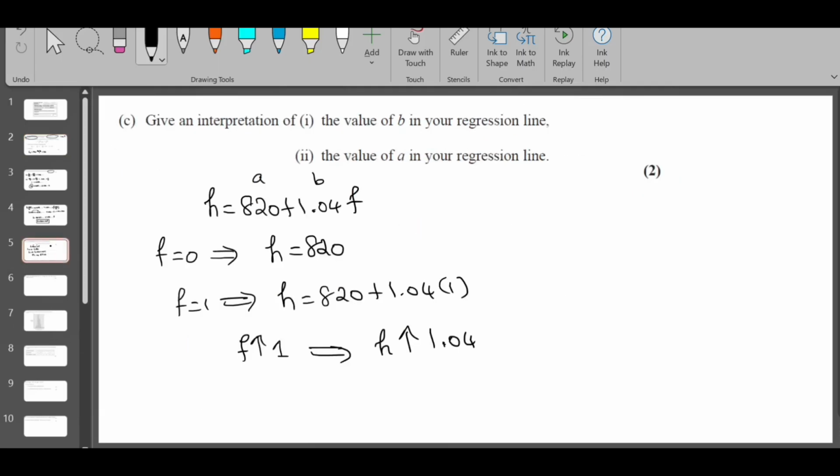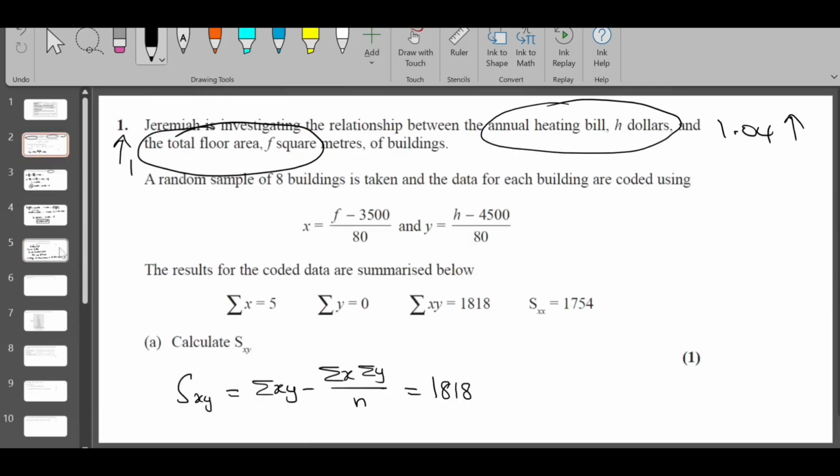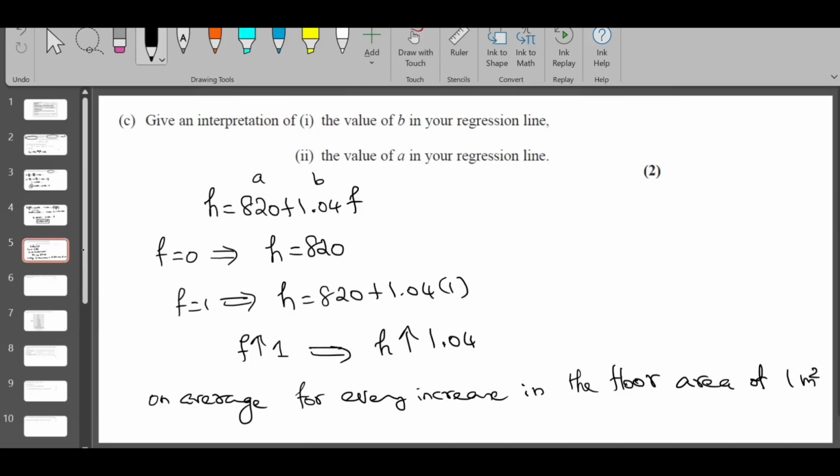So on average, every increase in the floor area of 1 square meter, the annual heating bill increases by 1.04.